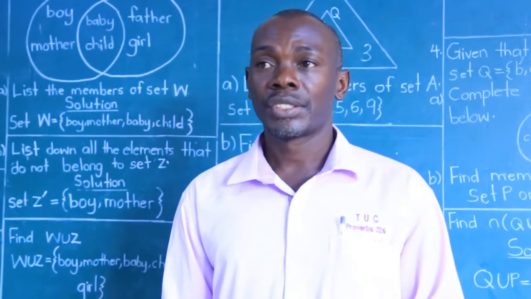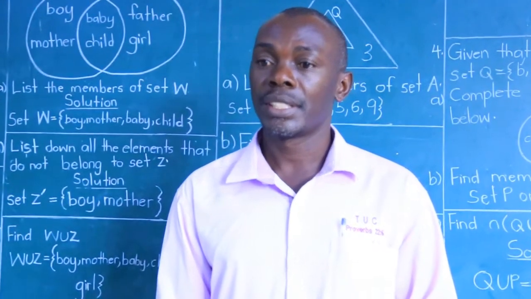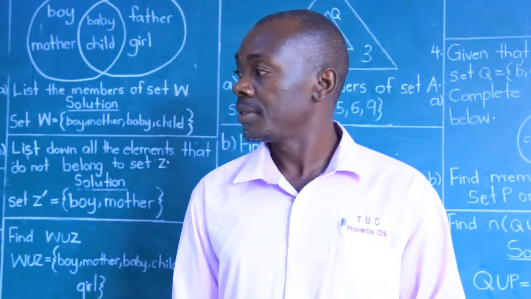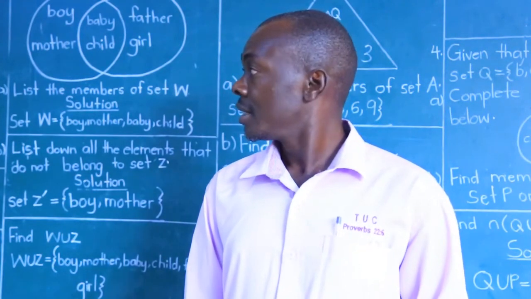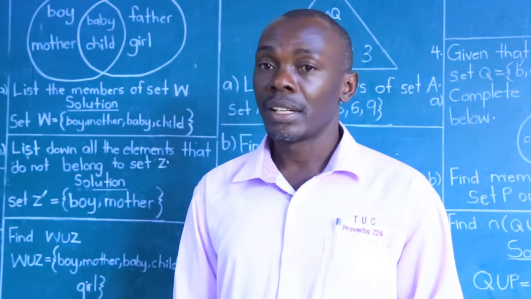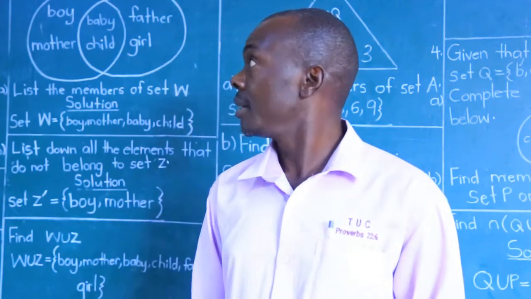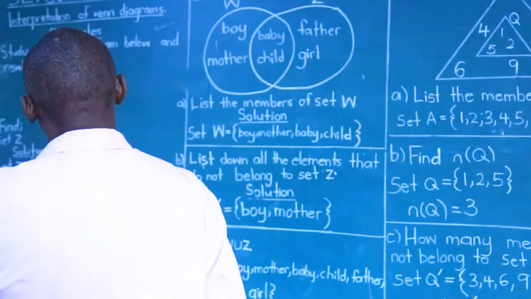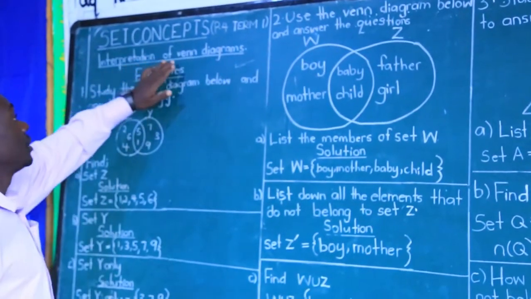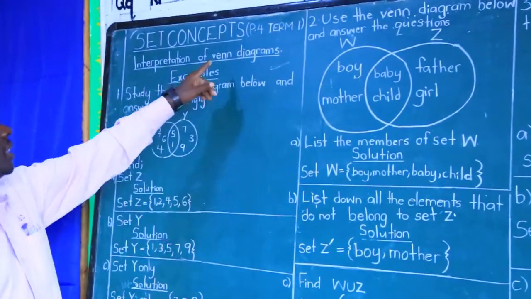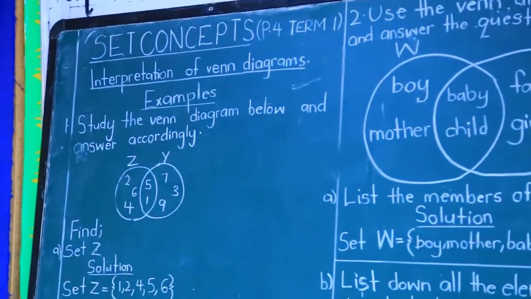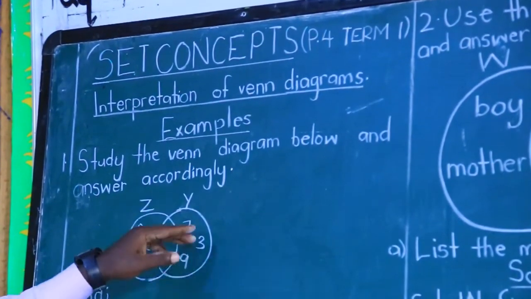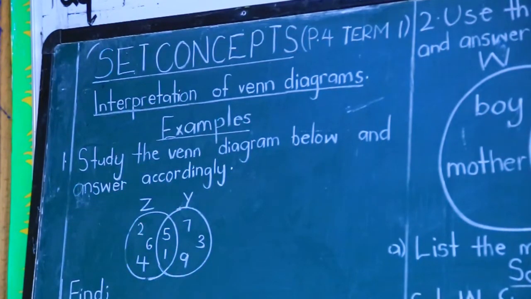In the previous lesson, I introduced a topic called set concepts. We looked at different types of sets, and today we are continuing with the same. This time round, we are talking about interpretation of information in the Venn diagram or different Venn diagrams, and the examples are here.